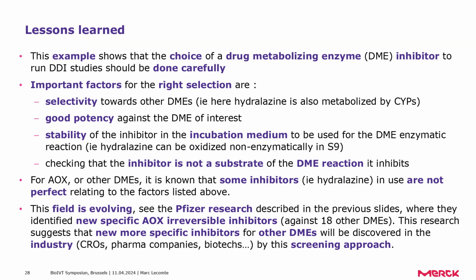So, lesson learned: you have to carefully select the inhibitor you want to use to determine the competency of your inhibition route. Selectivity is very important.